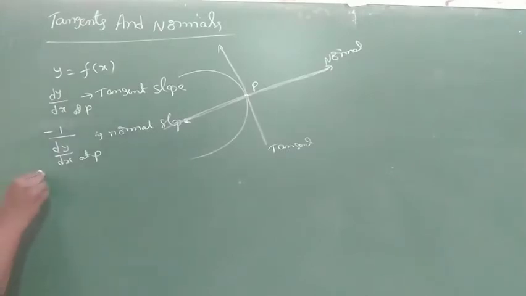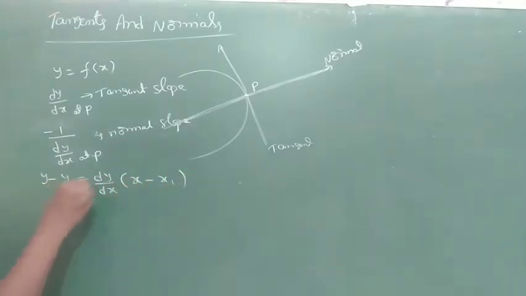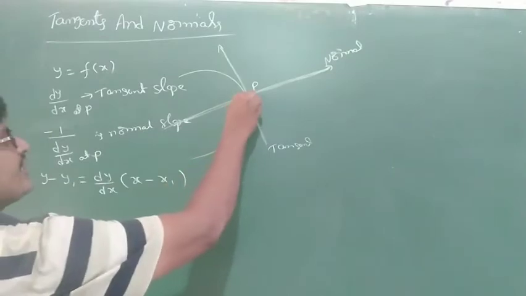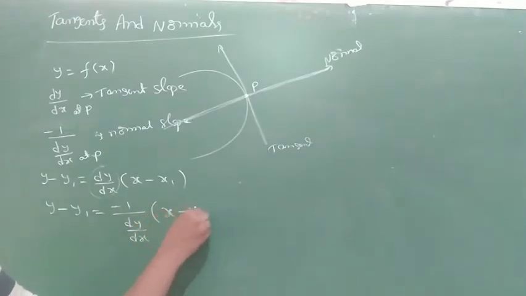What is the equation of a tangent? Equation of a tangent: y minus y1 is equal to dy by dx into x minus x1. Here x1, y1 is the tangent point, the touching point, and dy by dx is the derivative of that curve at P. Normal equation: y minus y1 is equal to minus 1 by dy by dx into x minus x1.